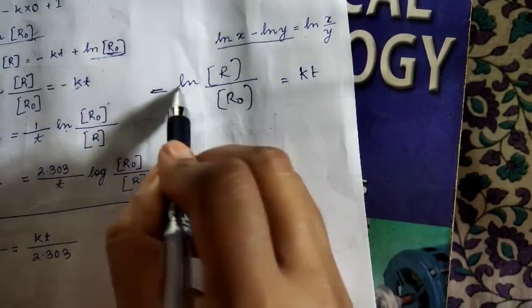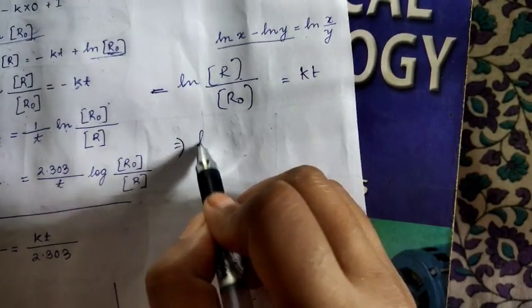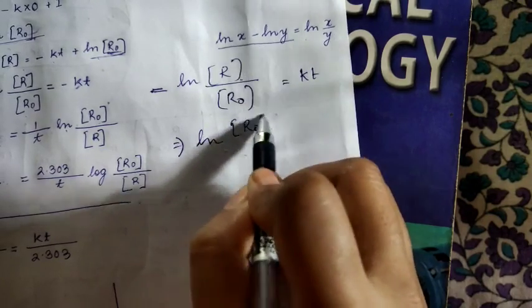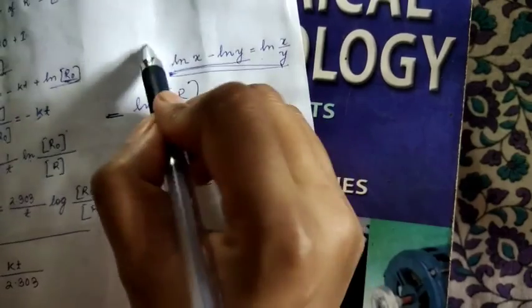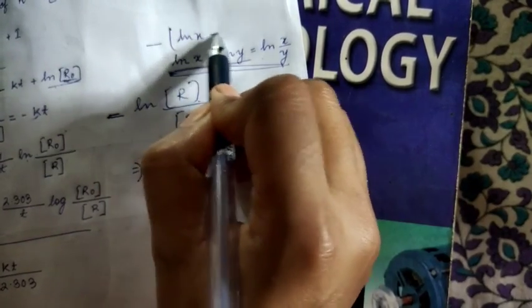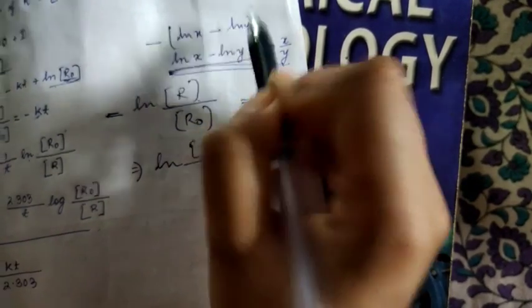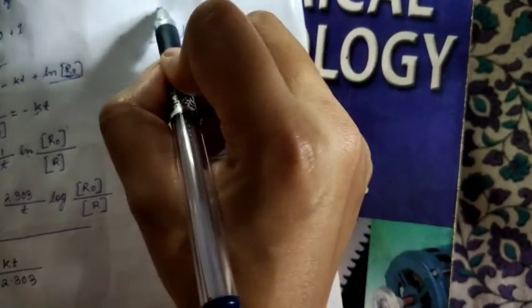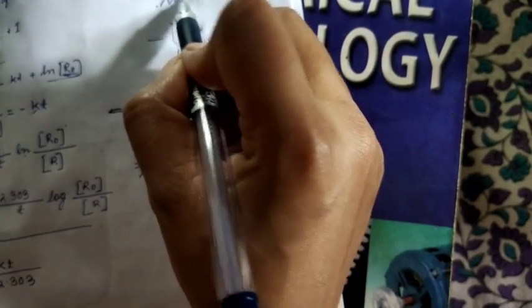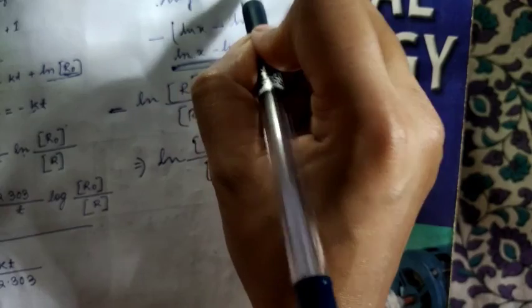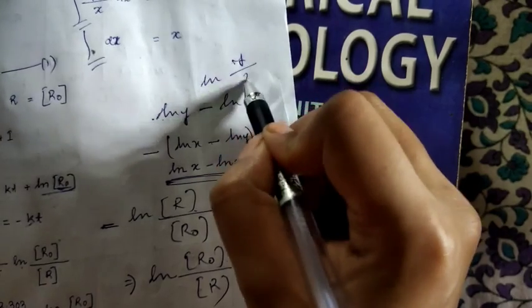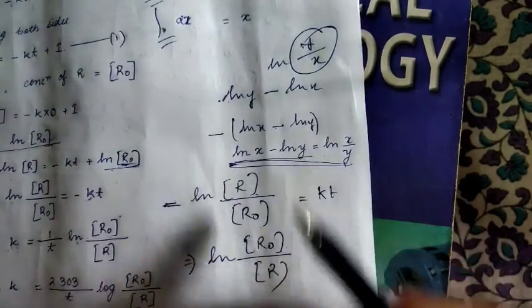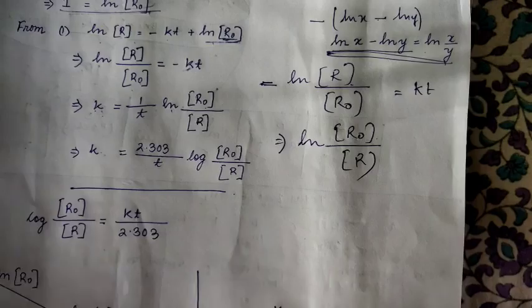Now it is negative here, so it means it will become reversed. Let me explain this. If I put a minus here, this will become plus, so ln y minus ln x. Clear? So you will get ln y by x. Understood? So it is inverse now.